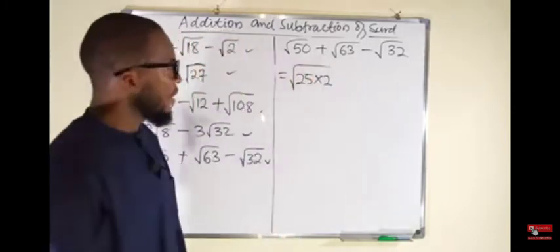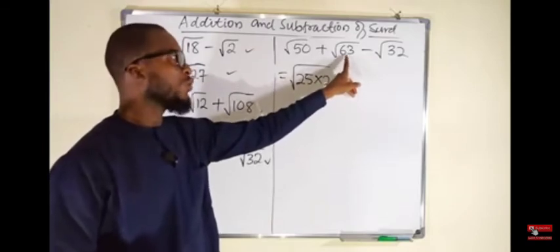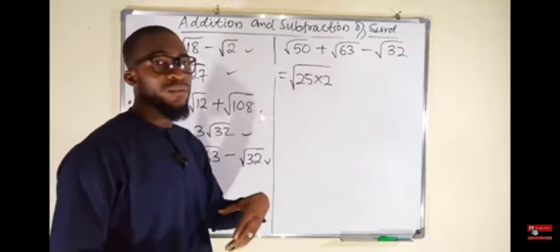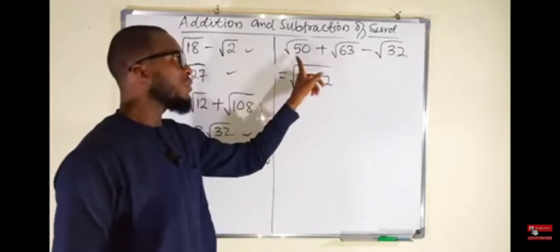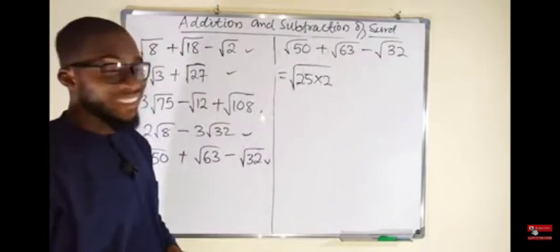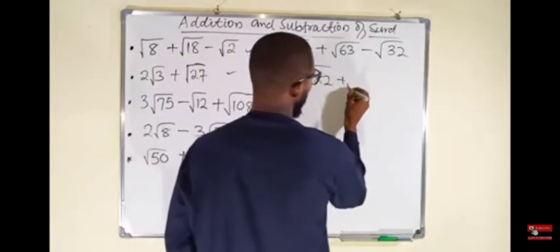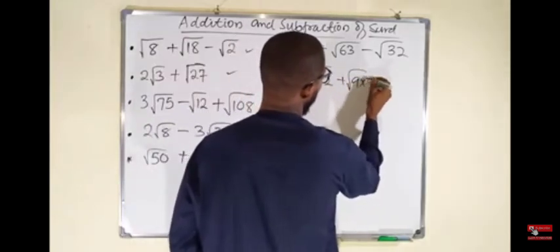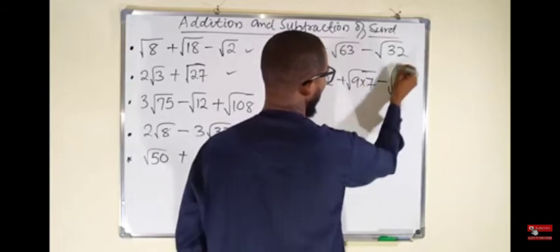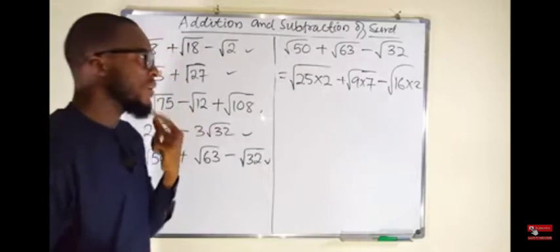But from here you can see this one is an odd number. 2 can never go into 63 without remainder. So we have to think of another way. So this one can never be similar to this. But I know 9 times 7 will give me 63. So I can write this one as 9 times 7. Finally, we have 16 times 2, because 16 times 2 is 32.